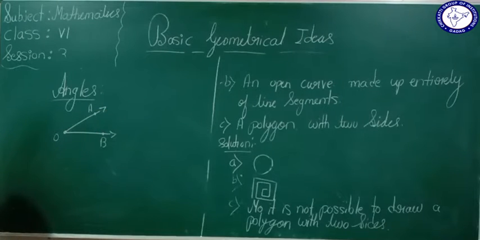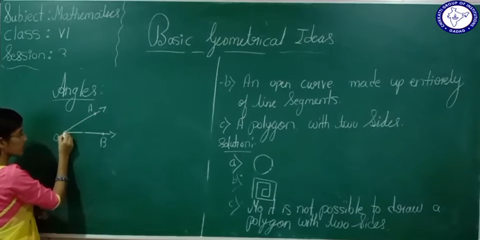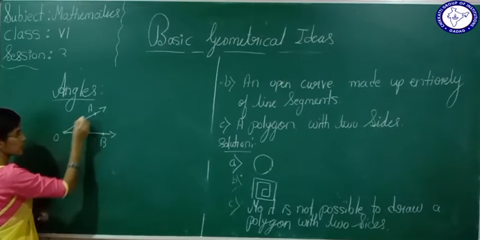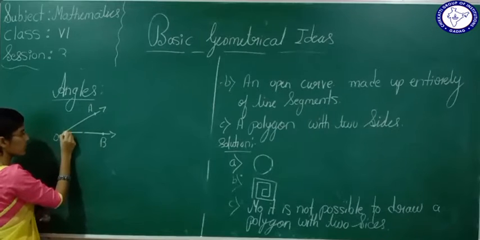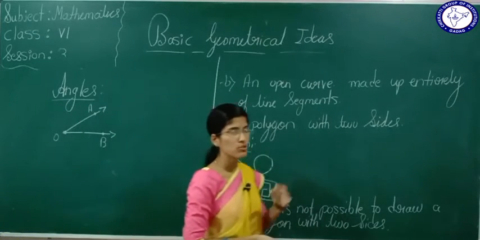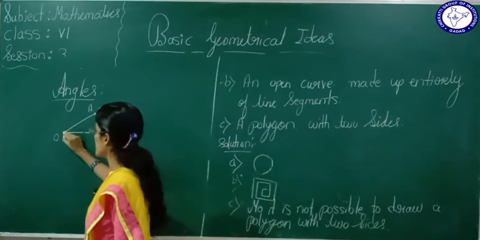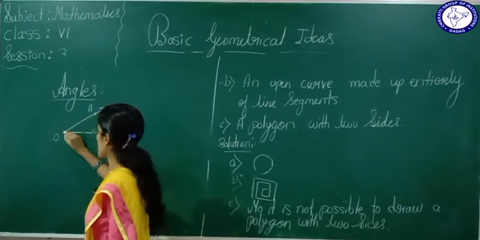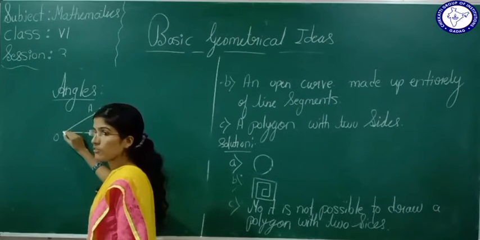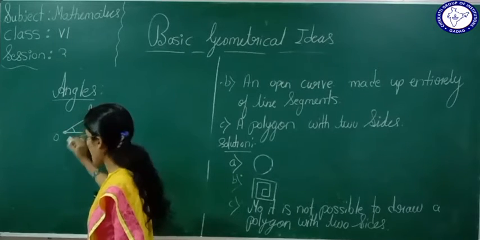How is an angle going to form here? When two rays meet at one point. These two rays are going to meet at one point. At that time we form an angle. Here two rays are meeting at this point. Definitely we form an angle. This is nothing but the angle.